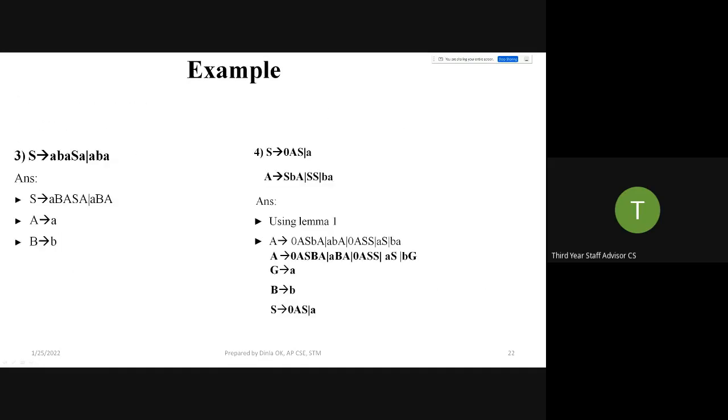Next, here we have a production, S implies ABASA or ABA.